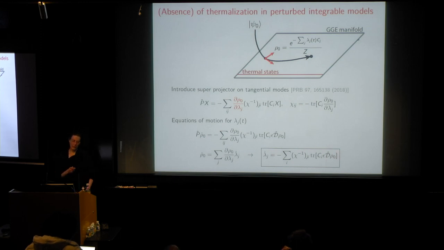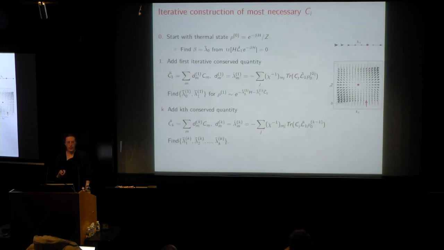But now one can even use that to propose an iterative approach of how to find these steady states very efficiently. Suppose that you just started with the first guess, which was a thermal state. Now, it's very natural, of course, when I add more conservation laws in the description, I will have a flow along each of them.